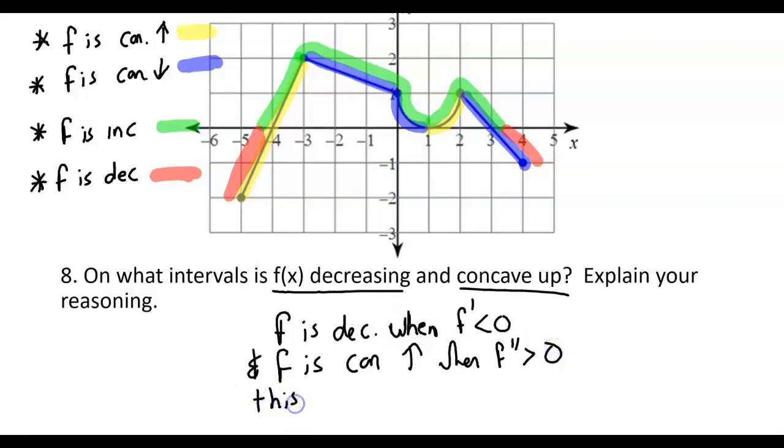This happens where? Well, decreasing is red, concave up is yellow. So we're looking for the regions of this graph where it's red and yellow, and I only see one area like that, and it's right there. And so we're going to say from -5 to 4.